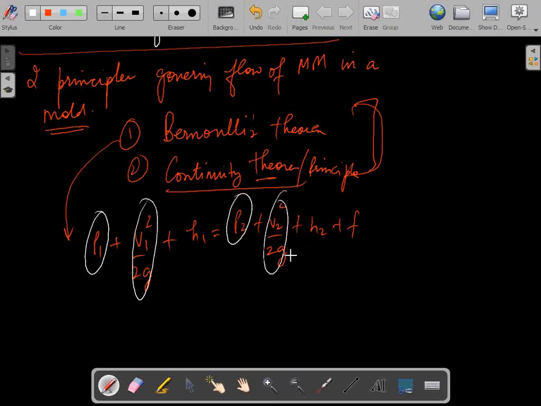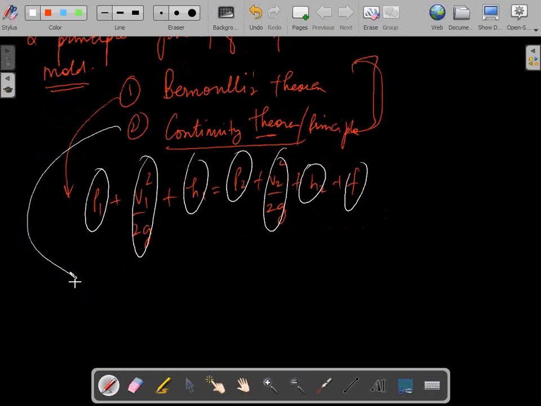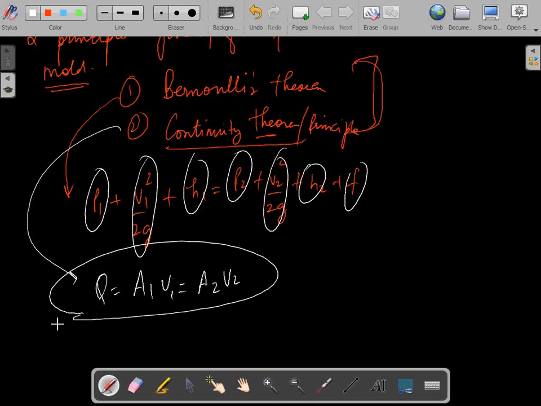V1 square by 2g, V2 square by 2g are your kinetic heads or velocity heads, and H1 and H2 are your static heads, or datum heads, and F is your frictional losses through the section. Now continuity theorem is easy. Q is equal to A1 V1 is equal to A2 V2. This is your continuity principle.